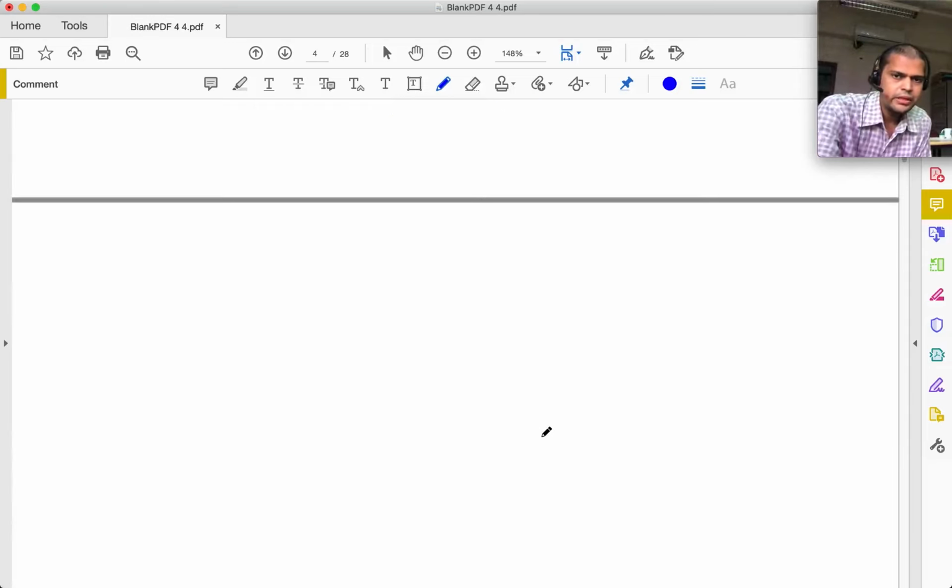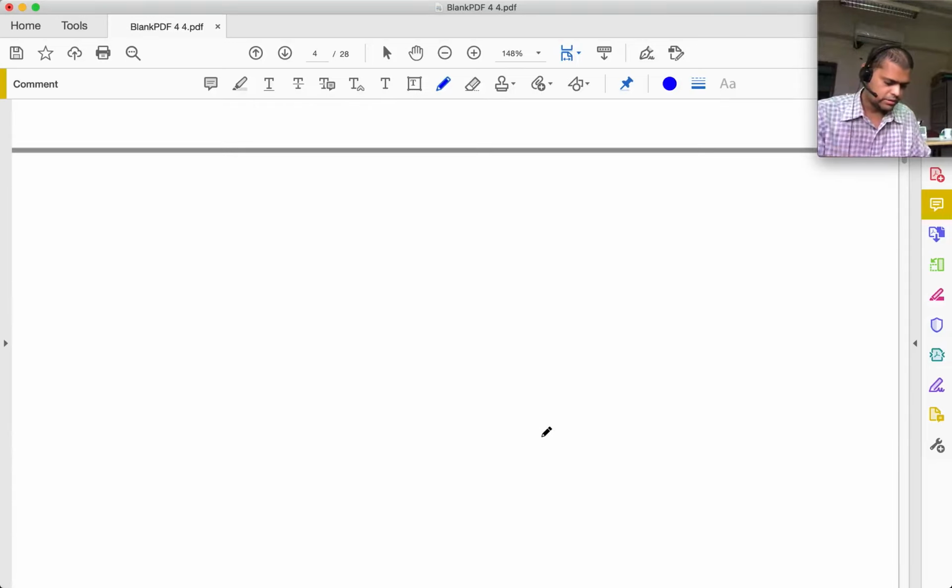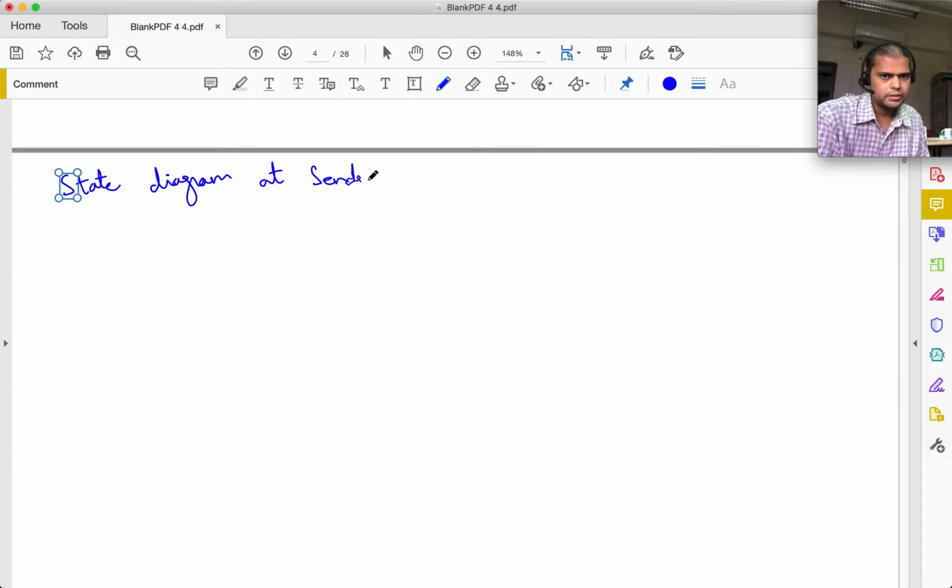So what is the state diagram for, let's say, this ARQ protocol? Let's say the state diagram at the sender for ARQ.